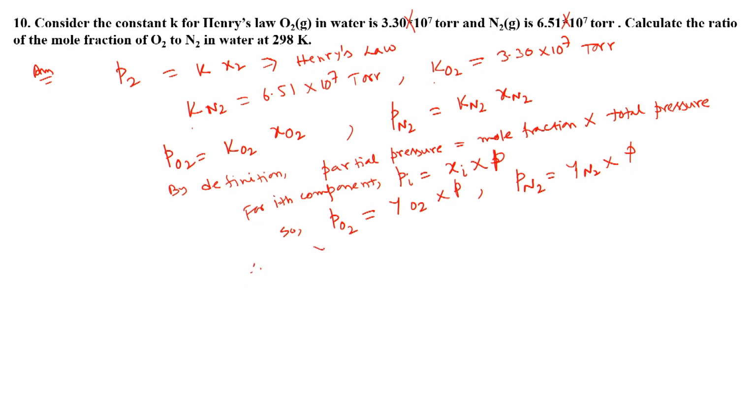Therefore, YO2 times P by YN2 times P gives KO2 times XO2 by KN2 times XN2.